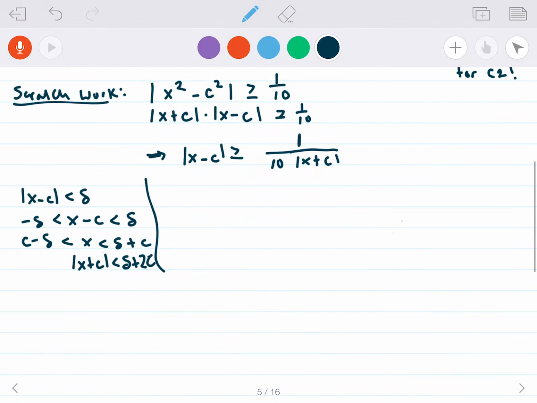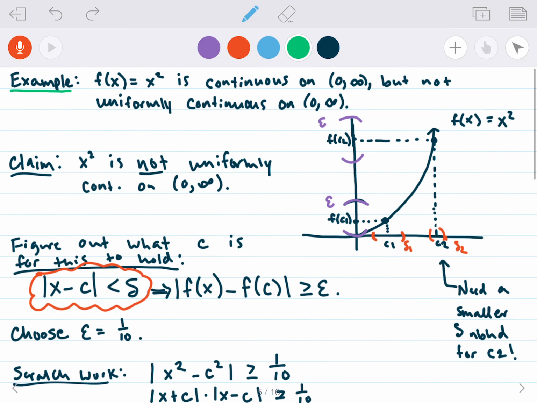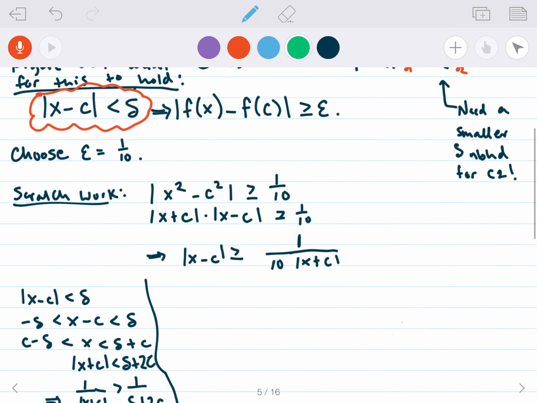All right, and so what happens when we take the reciprocal? Well, the sign's going to flip, right? So that's going to tell me that 1 over |x plus c| is going to be greater than 1 over delta plus 2c. And what's nice about this whole problem is that I don't have to worry about signs flipping on me, because delta is always positive, and c is going to be something in our domain, which is from 0 to infinity, which is also positive.